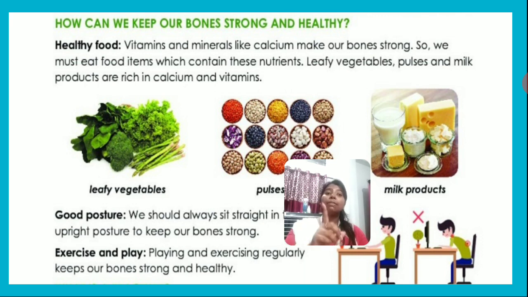With the milk we are also to take leafy vegetables, pulses, milk products. Clear? So to make our bones healthy, the first thing is we have to include calcium and vitamins in our diet. Whatever food we are taking has to be rich in calcium and vitamins.